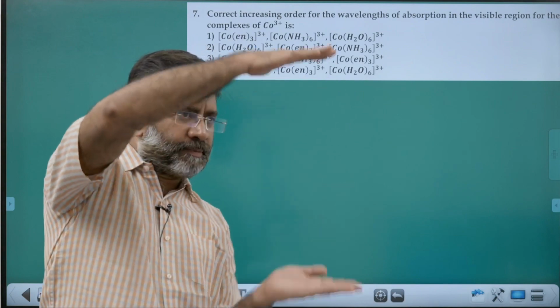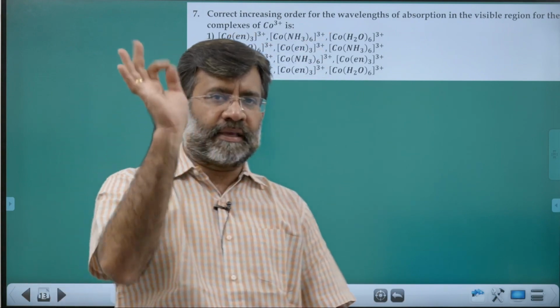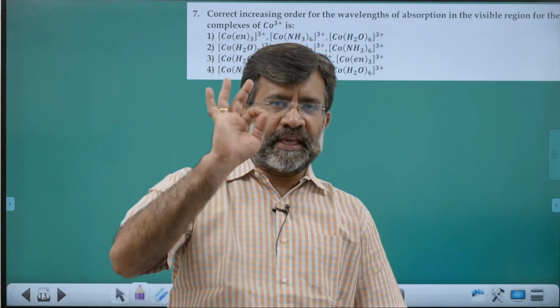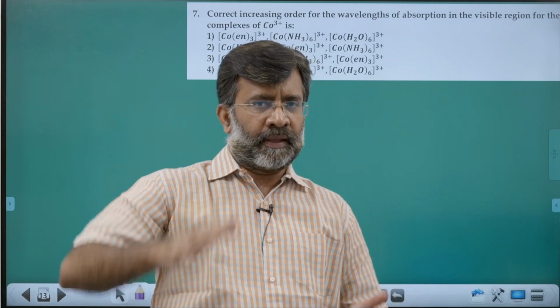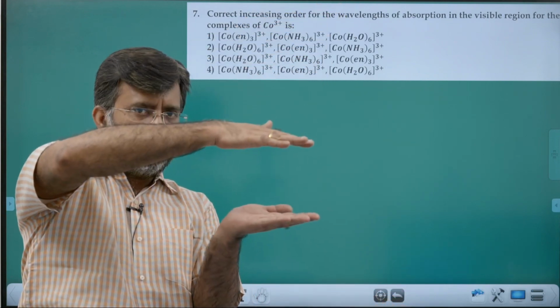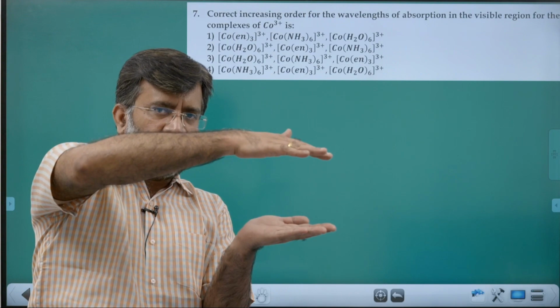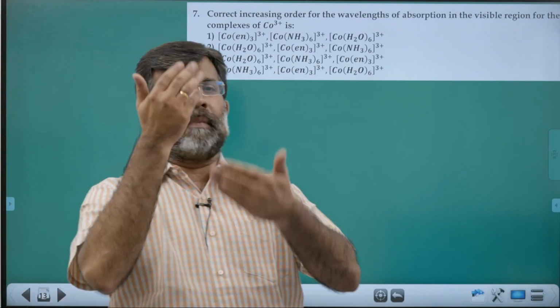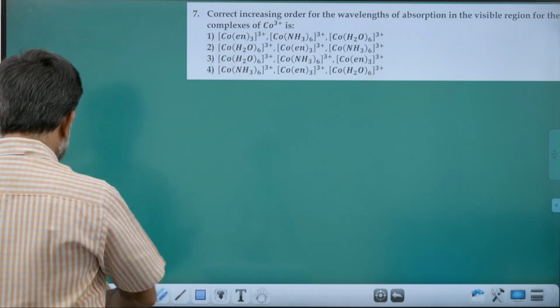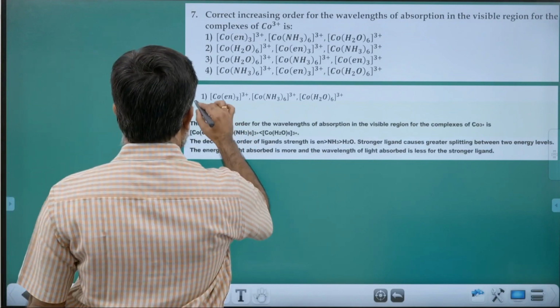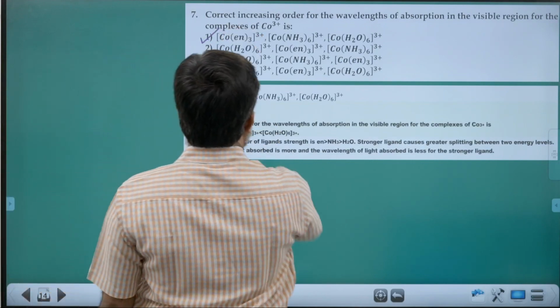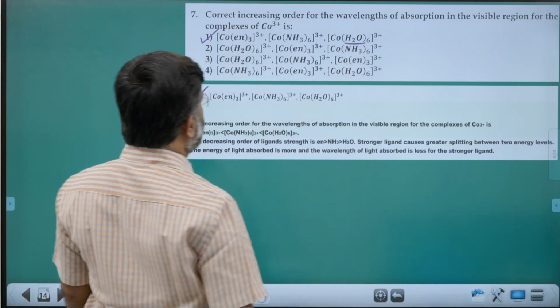Minimum splitting means weak ligand. So for a weak ligand, the splitting will be minimum, frequency will be minimum, wavelength will be maximum. So the answer is first choice.